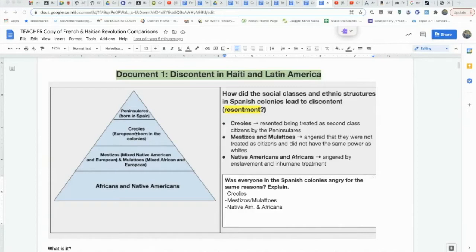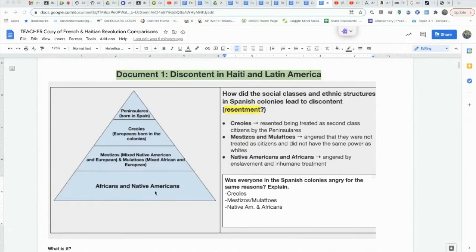They're second-class citizens. What's a mestizo? Mixed Native American and European. And a mulatto is mixed African and European. Oh, wow, they're third-class citizens when you count down. They don't have many rights. They're looked down upon. But wait a minute. Who's at the bottom of the totem pole here? Everybody looks down at this time, historically, on Africans and Native Americans in the New World.